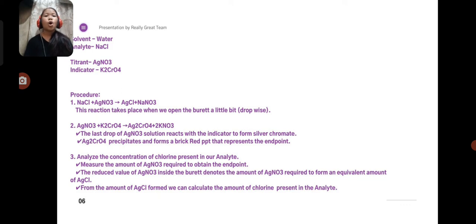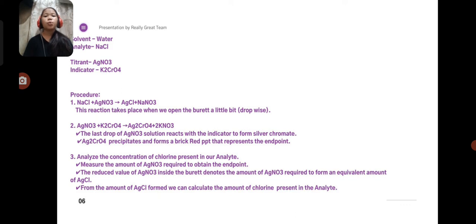When all the NaCl has been exhausted by forming the AgCl precipitate, we proceed to the second reaction, in which the last drop of AgNO3 solution reacts with the indicator to form silver chromate. AgNO3 reacts with K2CrO4 to form the precipitate Ag2CrO4 together with 2KNO3.